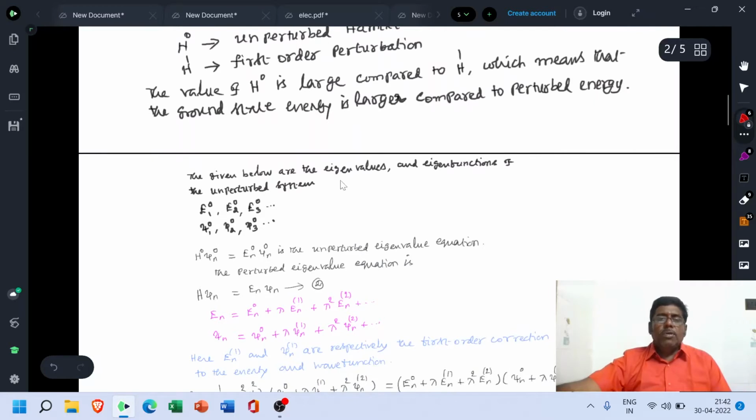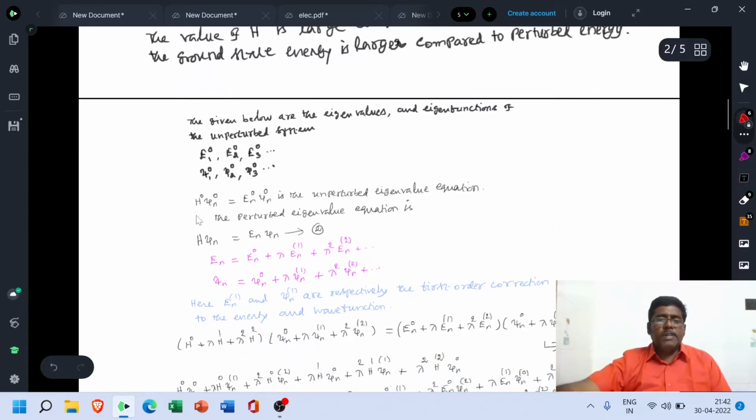Given below are the eigenvalues and eigenfunctions of the unperturbed system. E1 0, E2 0, E3 0 and so on are the eigenvalues of the unperturbed system, whereas the eigenfunctions of the unperturbed system are psi1 0, psi2 0, psi3 0 and so on.